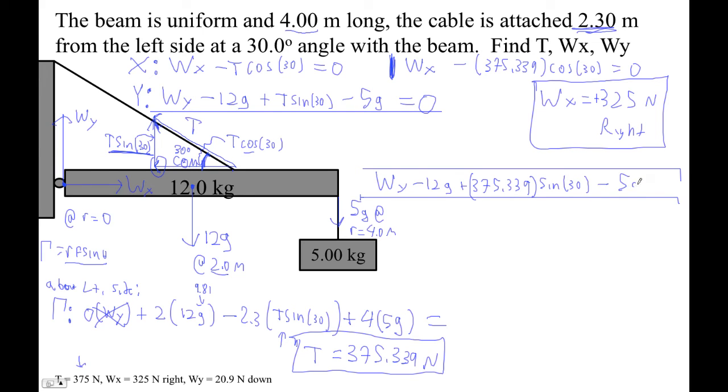Minus 5g equals 0. Okay, so I take this number, right? Plug it in here, right? And then there's only one unknown, and then we can solve for that, right? All right, so let's figure out the wall in the y direction.